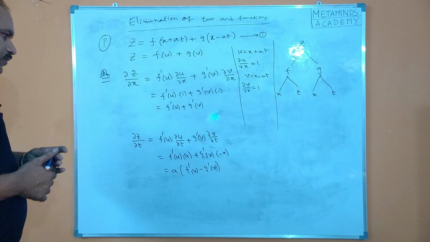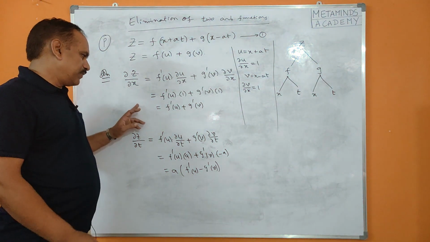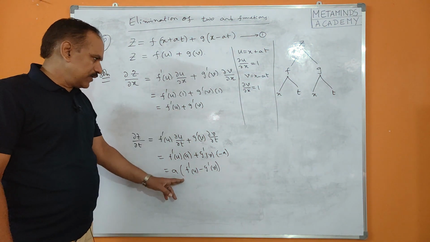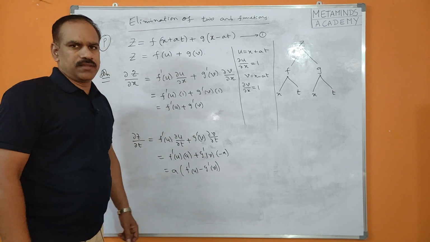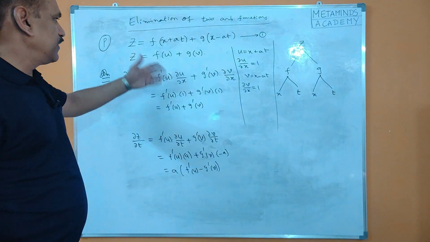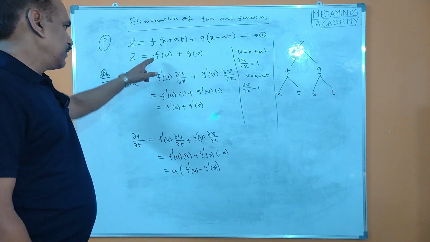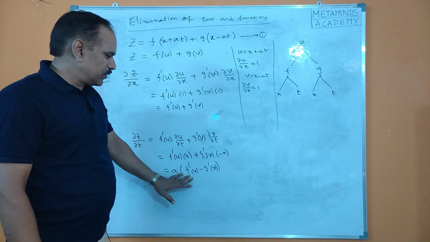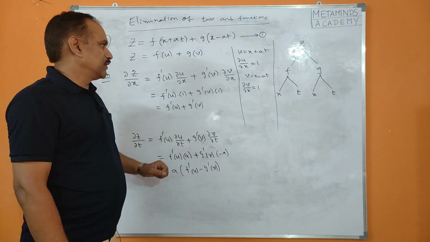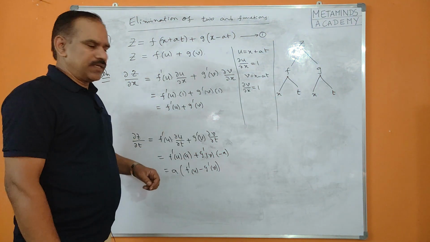Right. So even though you multiply this one by a and add, g dash will be cancelled, but f dash u will be there. That we cannot eliminate using this or this. Here you have f dash, and if you eliminate f dash u, there will be g dash. That also we cannot eliminate. Right?